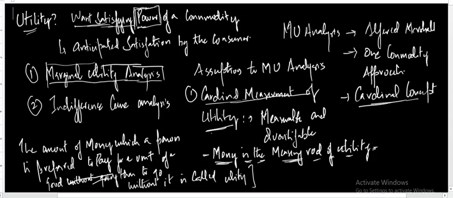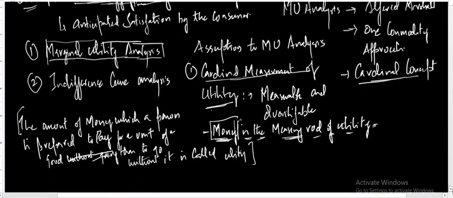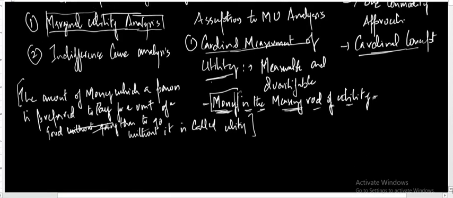So it quantifies utility in monetary terms and says that it is the amount of money which a person will be willing to pay for a particular unit of a commodity rather than to go without it, and such an amount of money is the actual measure of the utility. So the first assumption of the marginal utility analysis is the cardinal measurement of utility.